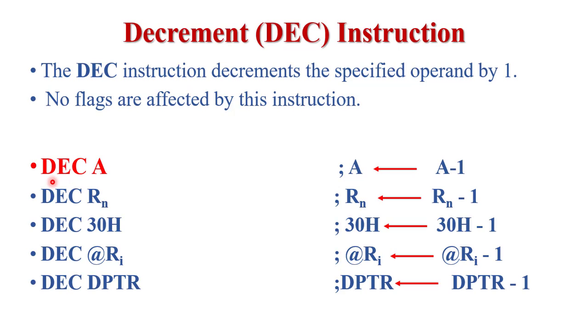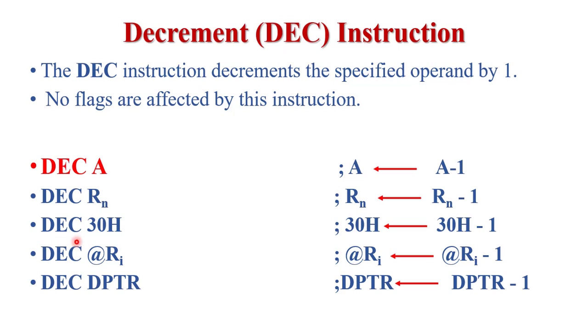The first instruction is DEC A. This tells that the accumulator is decremented by 1 and the result is stored in the accumulator register. Next instruction is DEC Rn. This is an example of register addressing mode. It tells that Rn is decremented by 1 and the result is stored in the Rn register.